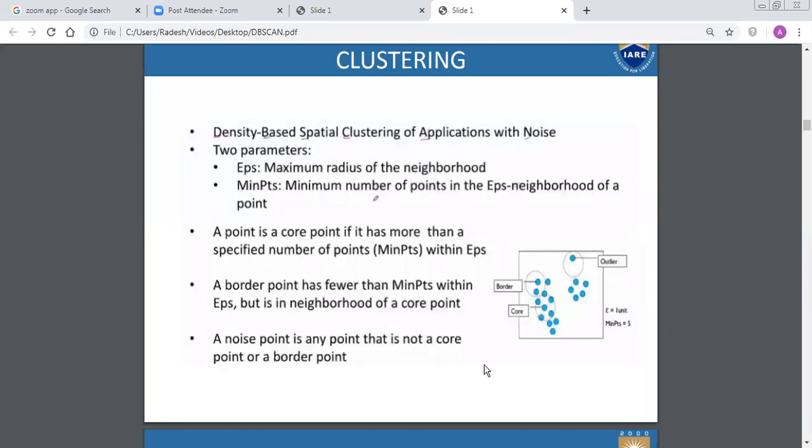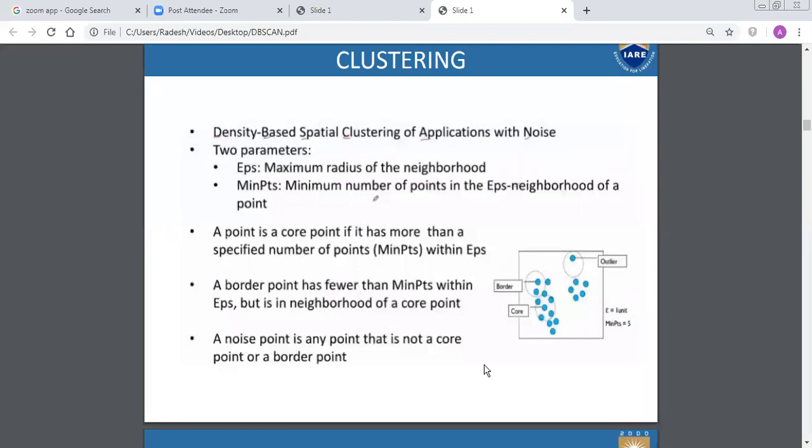D for density, B for based, S for spatial, C for clustering, A for applications, with noise. So it includes the noise, and this noise will be removed in the form of outliers, which we have studied, because that particular point will not fit into any of the clusters.